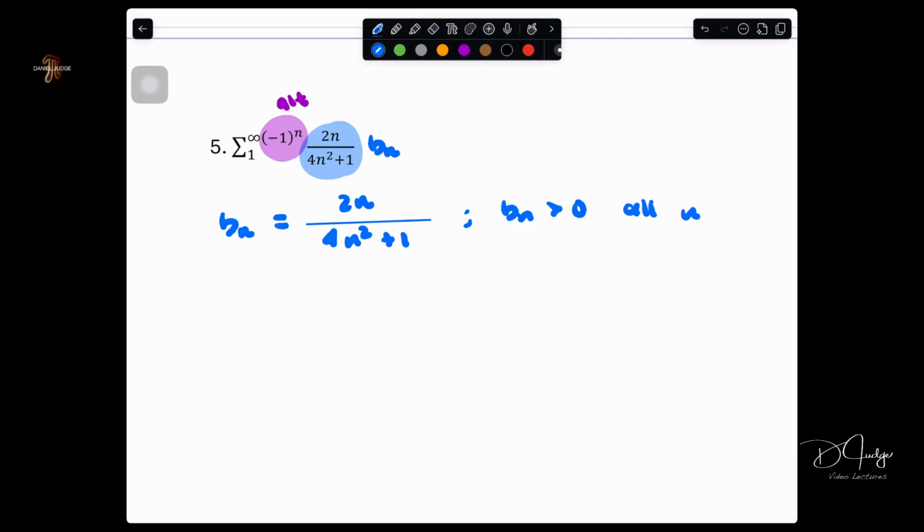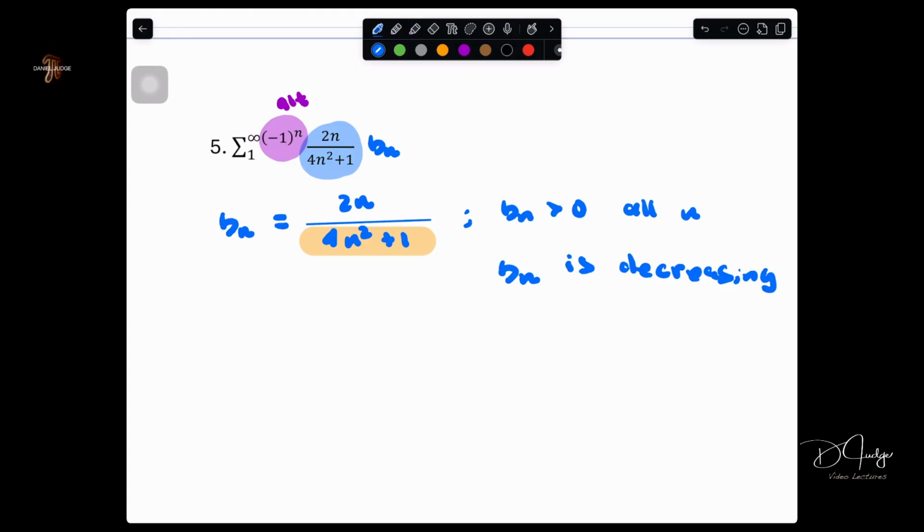And what we can see is the denominator is getting bigger faster than the numerator. So this is going to suggest that b_n is decreasing.